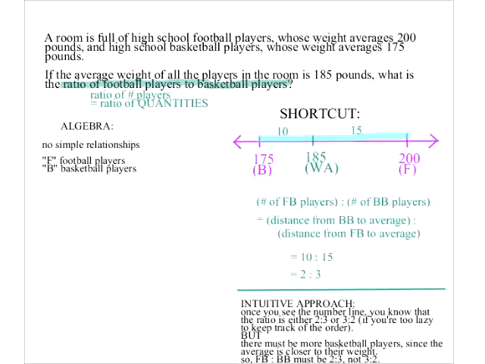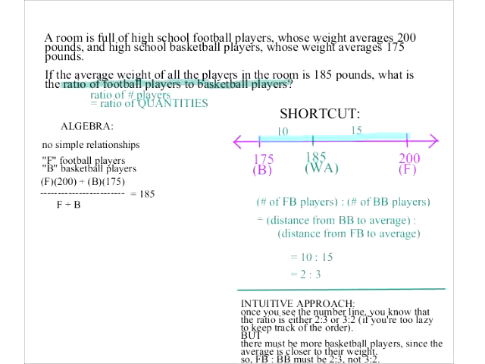The average weight is F times 200 plus B times 175 over the total count of players, F plus B, and that equals 185.